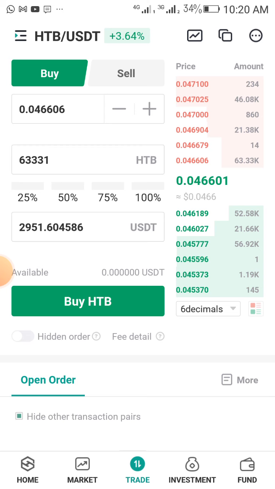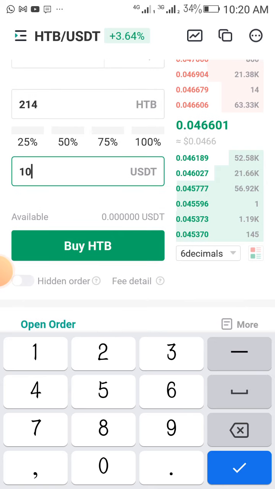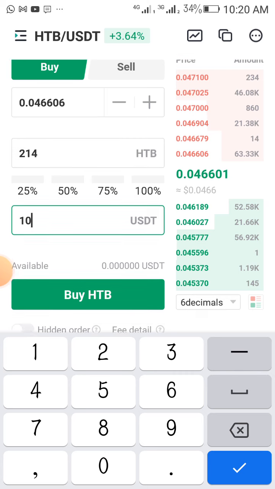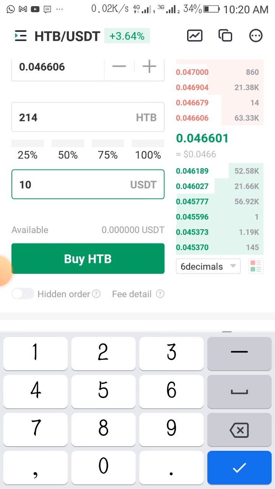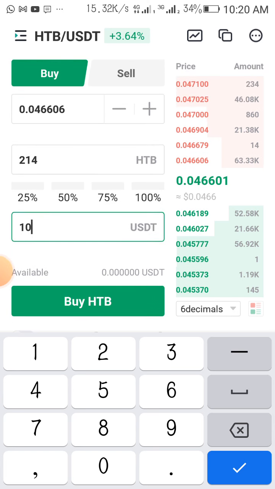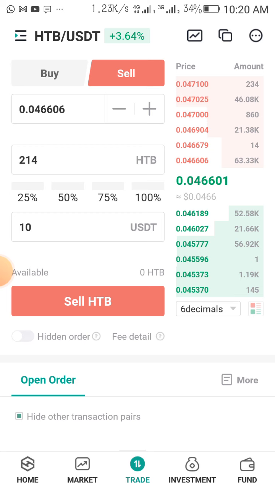So what I will do is I will just type in the amount I need from him, which is $10 worth, then click on buy. So this order will execute immediately. I bought at his own rate.